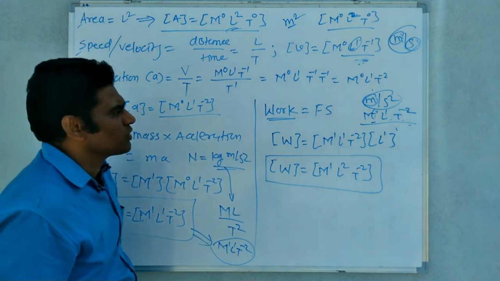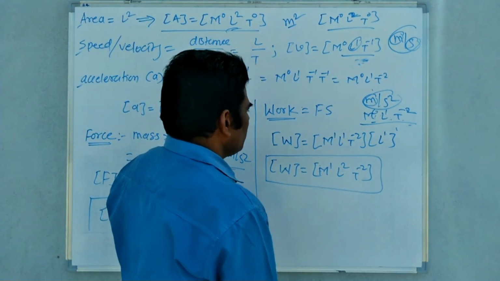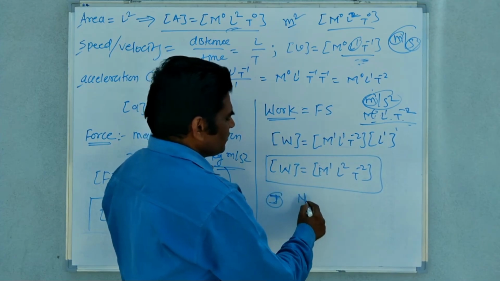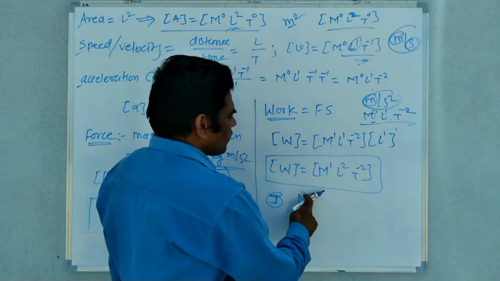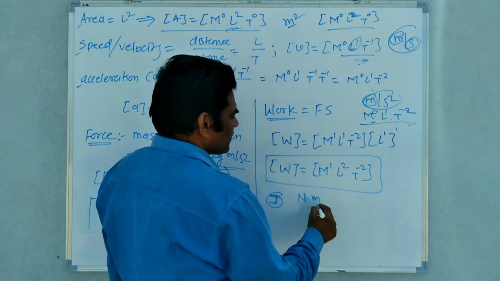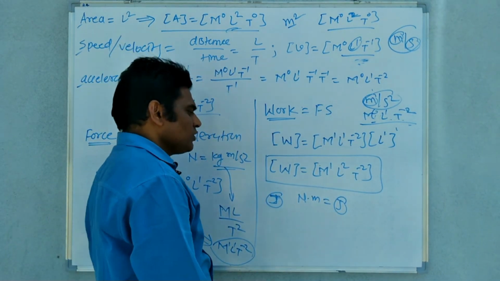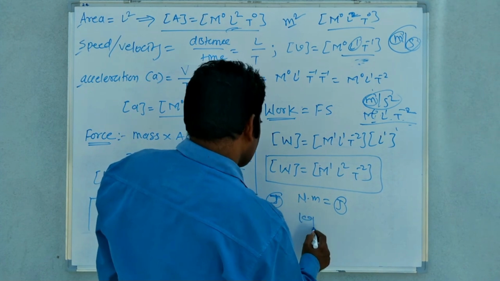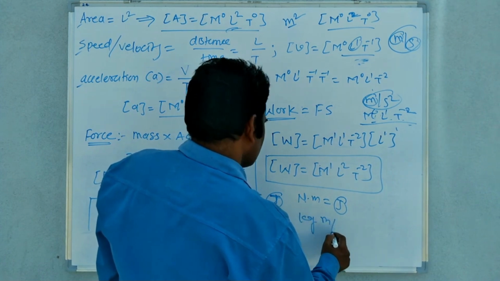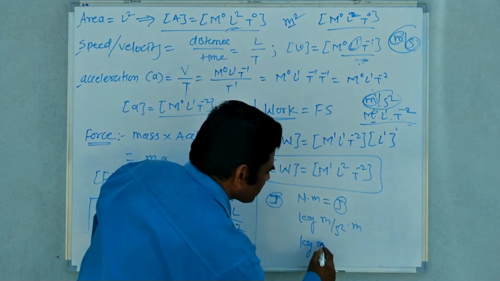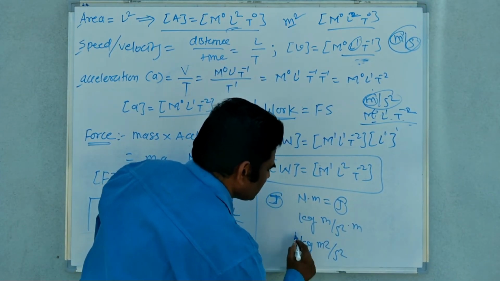Similarly for work, the unit is joule. Newton meter is called joule, and Newton is kg meter per second square, into meter. So, kg meter square per second square is called joule.